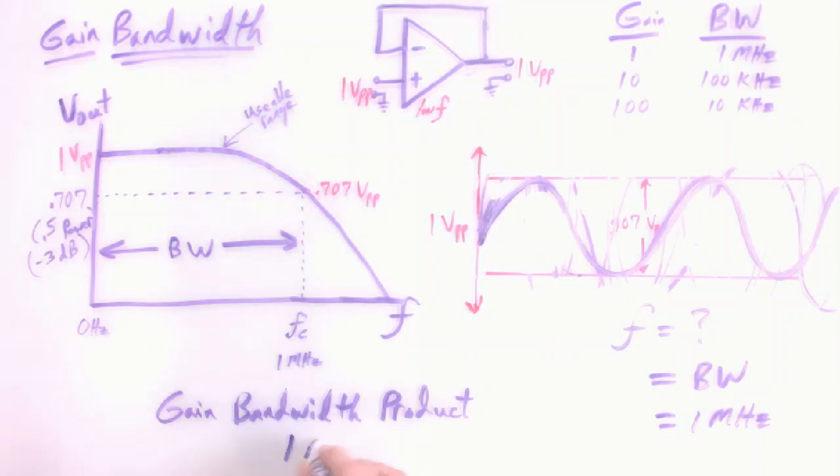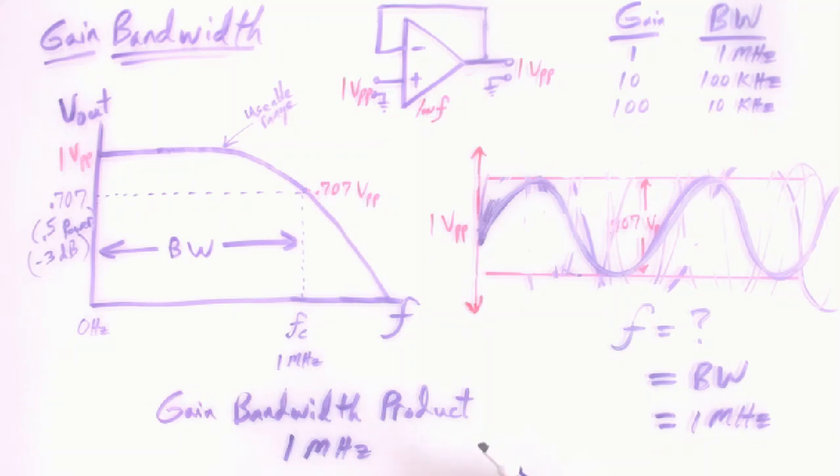I hope these numbers aren't too simple that they just start overlapping on each other too much. But the manufacturer of this op amp could then specify the gain bandwidth product for this op amp is 1 megahertz. And what that means is you can pick whatever gain you want, but you'd have a corresponding bandwidth capability that goes along with that gain, or vice versa.